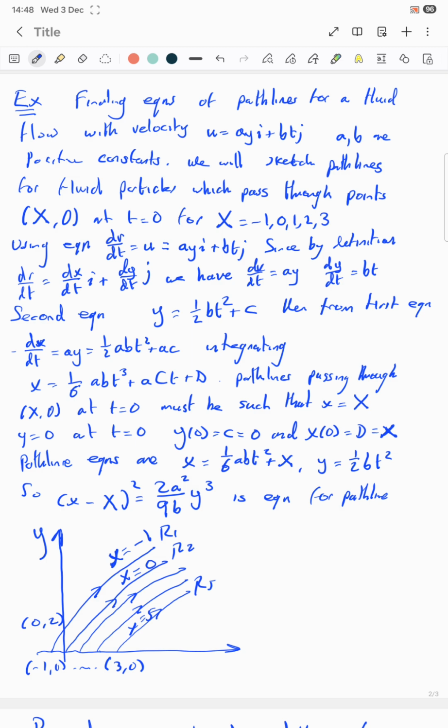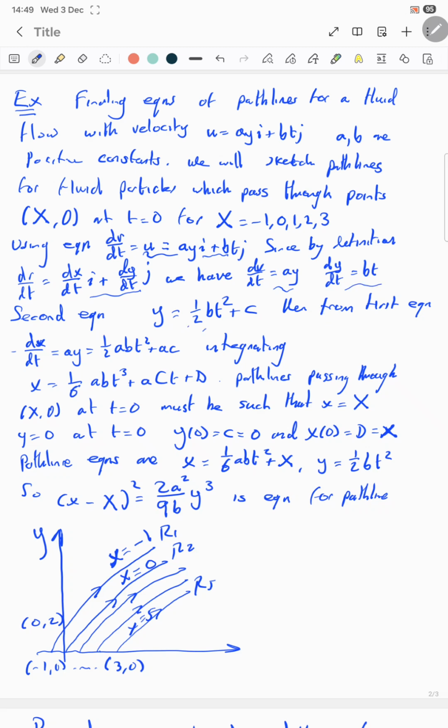It passes through the point x0 at t equals 0, for x0 equals -1, 0, 1, 2, 3, and so on. Now using the equation dr/dt equals u, which gives this equation. Since by definition dr/dt equals our velocity components in the x and y direction, we have dx/dt equals ay and dy/dt equals bt.